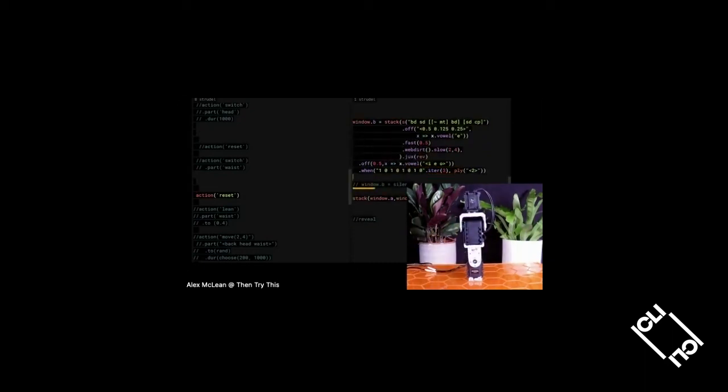Lean your waist. Lean your waist. Reset. Reset.